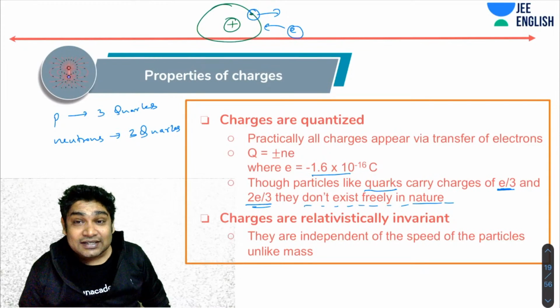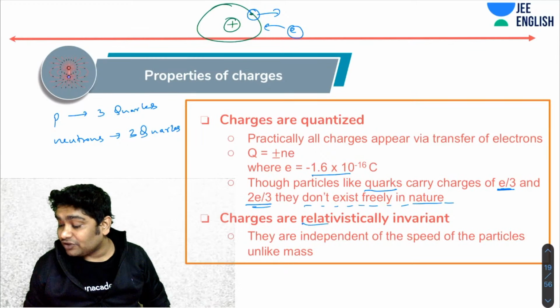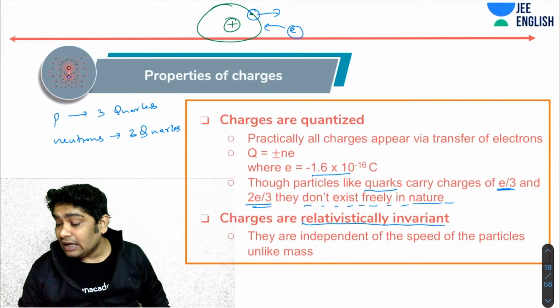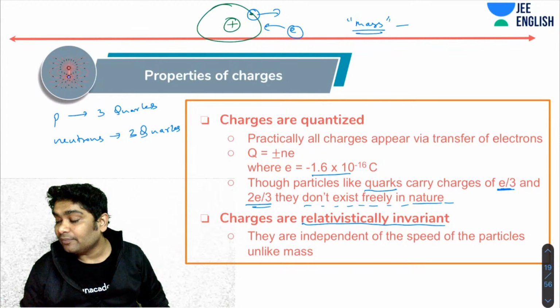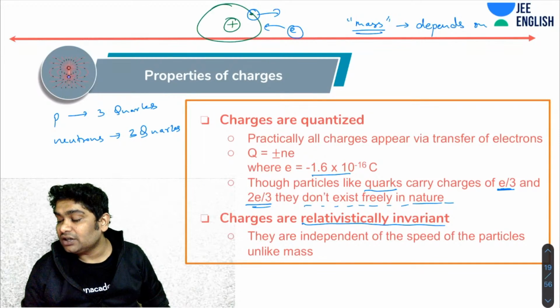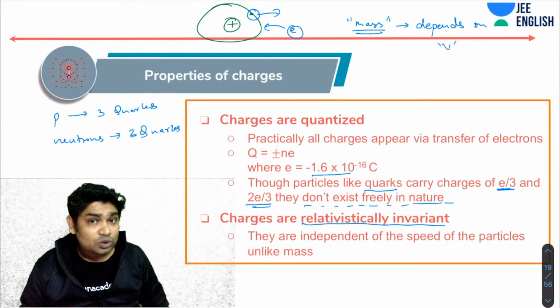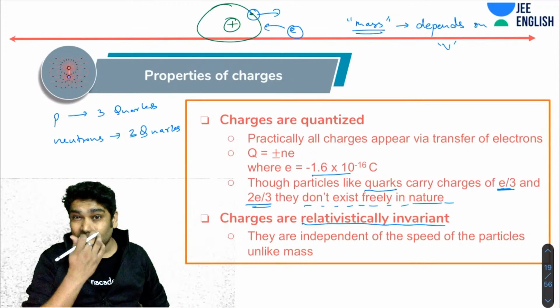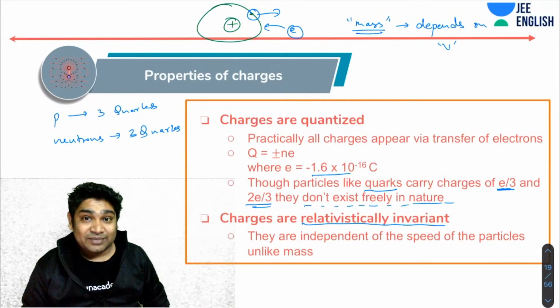Next, charges are relativistically invariant. This is another interesting property of charges. Mass, being a fundamental property of matter, depends on velocity, and you see those effects when that velocity is close to the velocity of light. But thankfully, charges do not exhibit that.